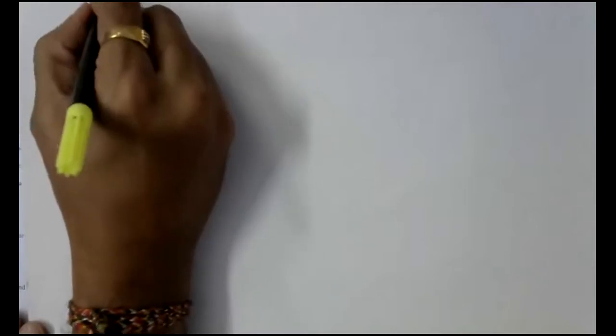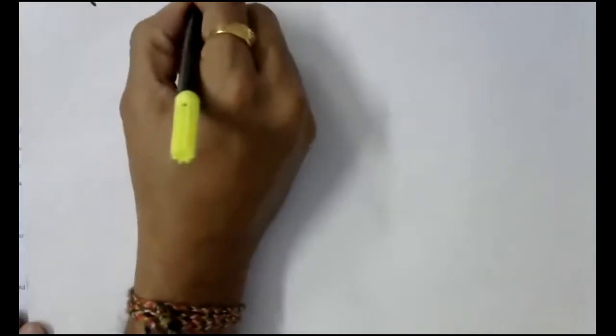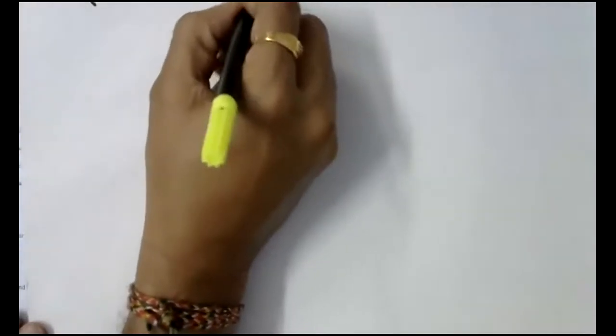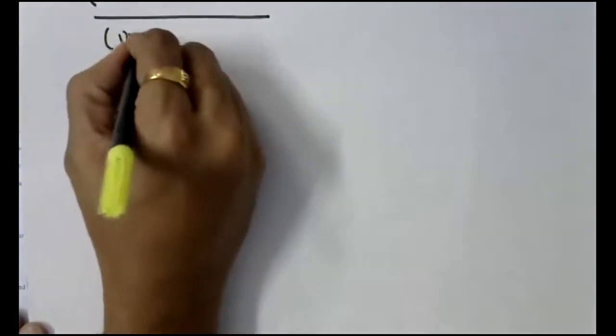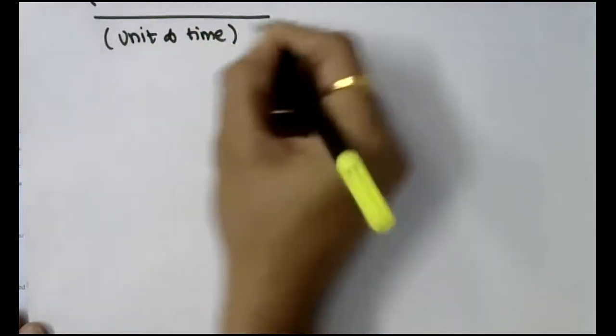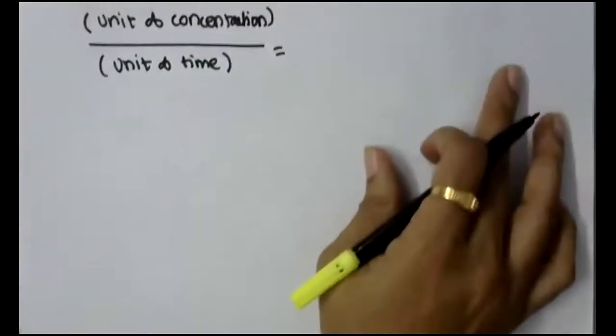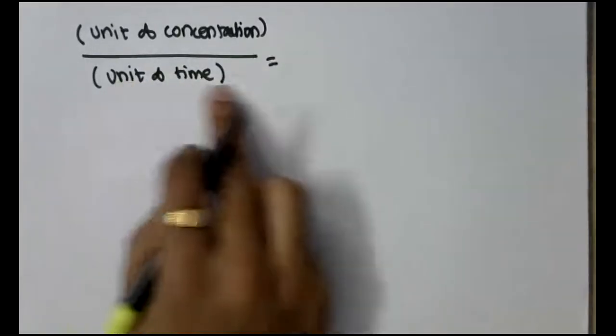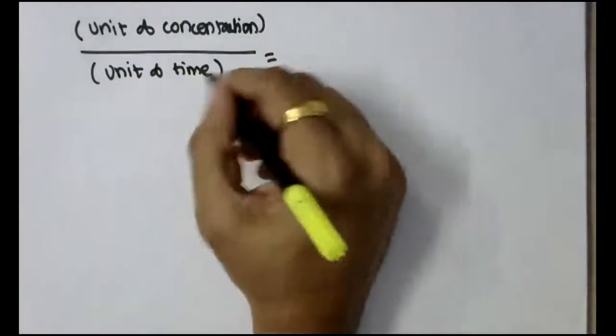Continuing our earlier discussion, in place of rate of reaction, what I can write is minus dCA, now we will not consider sign. So unit of concentration, minus dCA divided by dt, so unit of time, is equal to unit of concentration divided by unit of time.